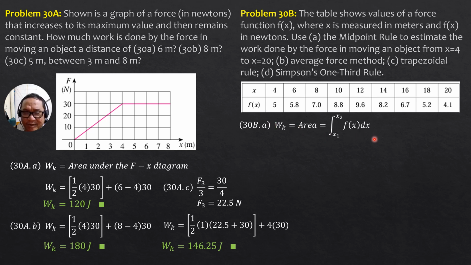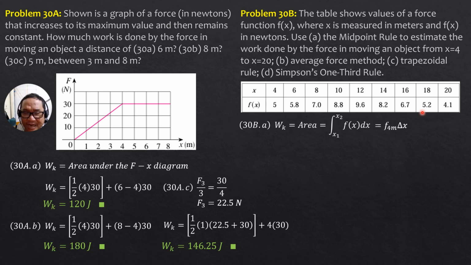So this is equal to the mean average force for 4 data points, times delta x, and delta x is 20 minus 4. So F4 means the average of these midpoints, 5.8, 8.8, 8.2, and 5.2.